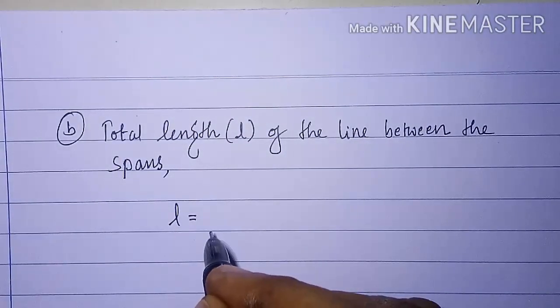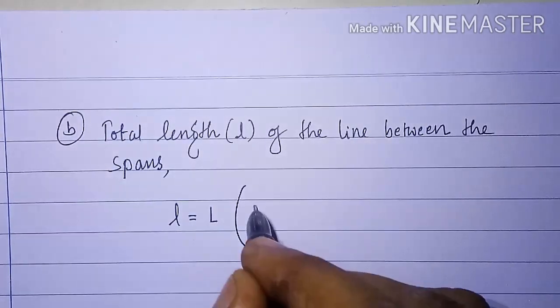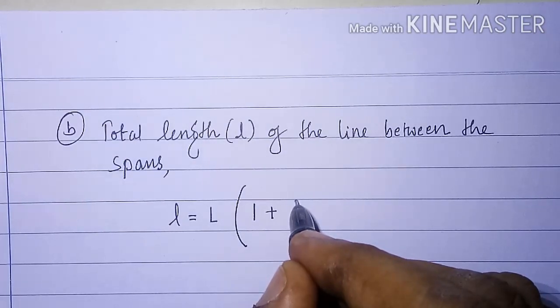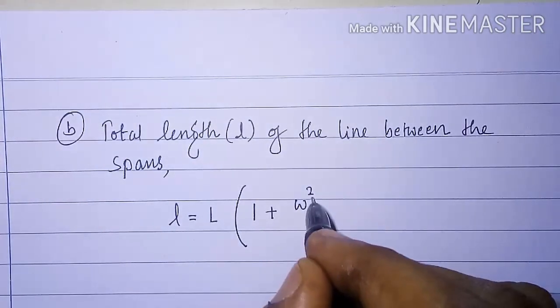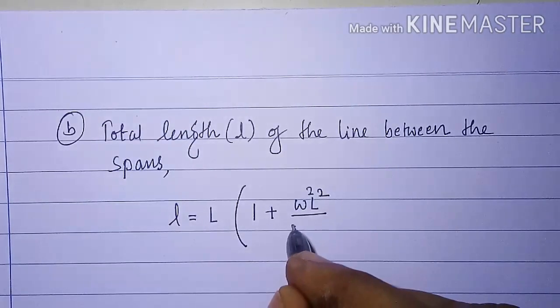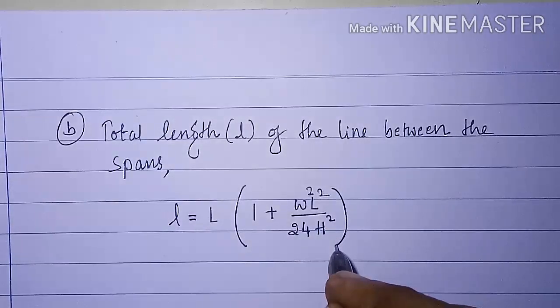Small l is equal to capital L into the bracket 1 plus W square capital L square divided by 24 H square.